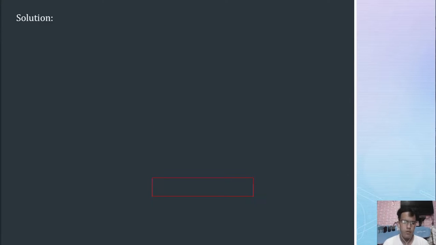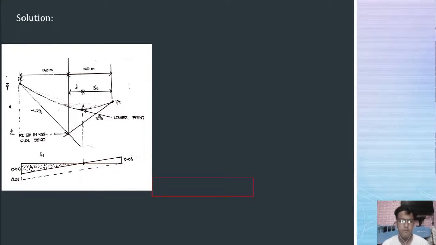So here's our solution. First, we have to draw a diagram. From the grade diagram, we have to solve the horizontal distance from PC to the summit of the curve.